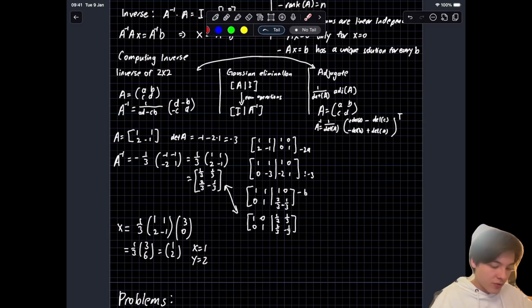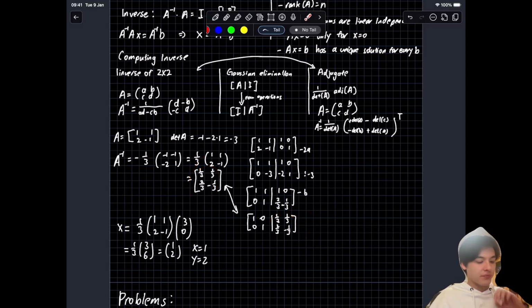And then we divide the last row by minus 3, so we get 1. And then at last we just need this row minus this one. So we get it like this. And here we see these two are the same. So both ways work.